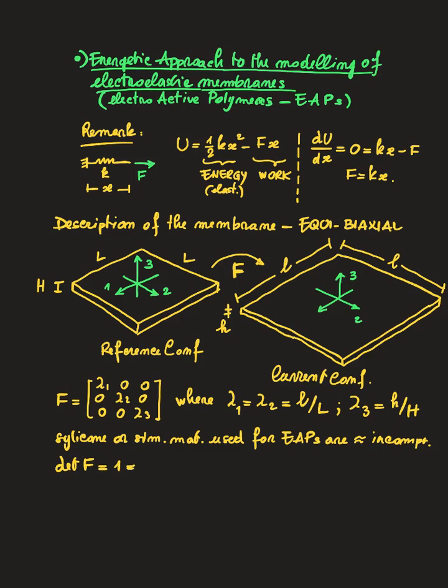Now if I compute this, lambda 1 is equal to lambda 2, so this is lambda 1, lambda 2, lambda 3.